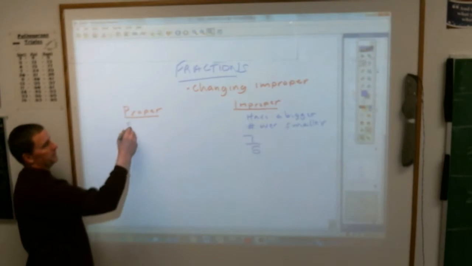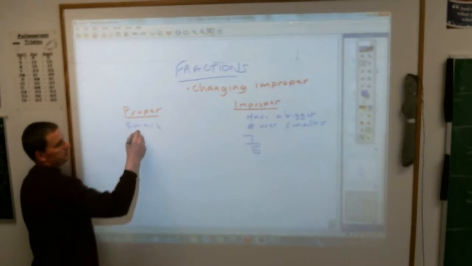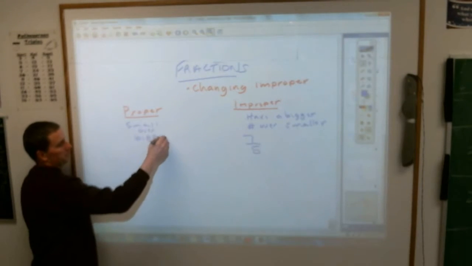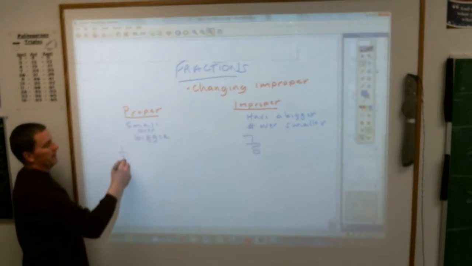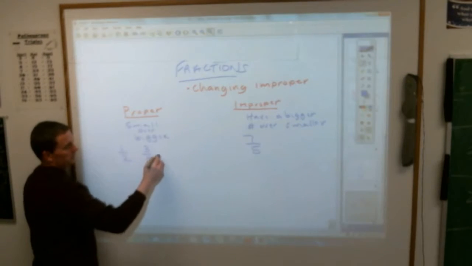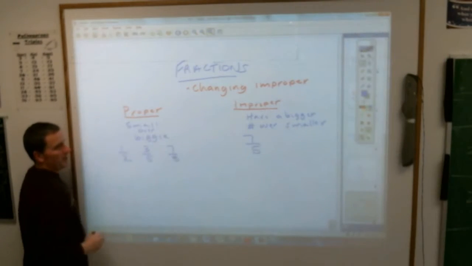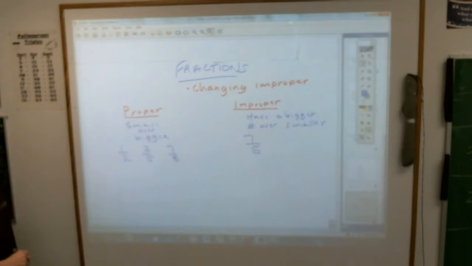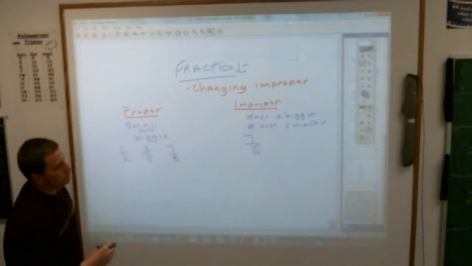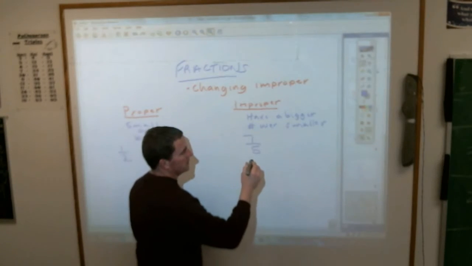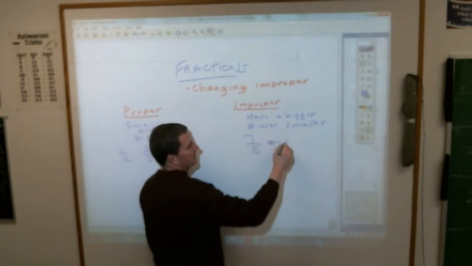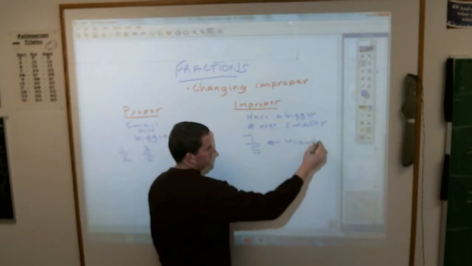Proper just means you have a smaller number over a bigger one. Smaller over bigger. You know, like normal, the fractions we're used to: 1/2, 3/5, 7/8. Those are all proper. We can deal with those. Improper fractions we don't like, and we need to change those improper fractions. We need to make this a mixed number.